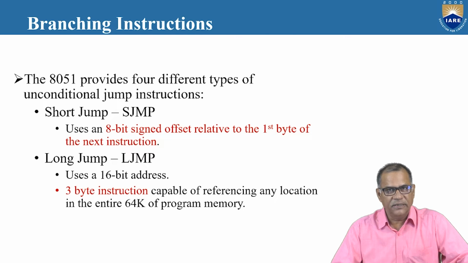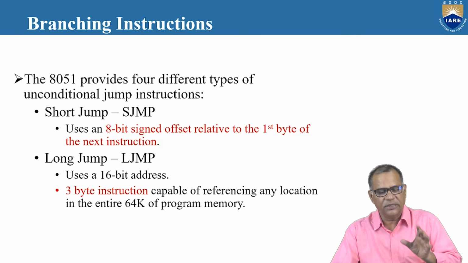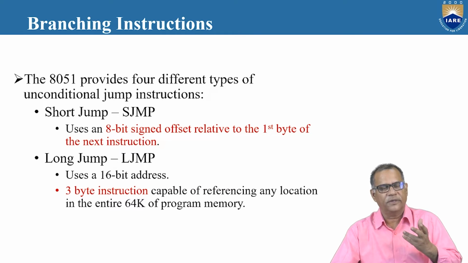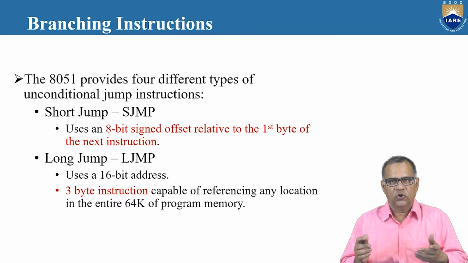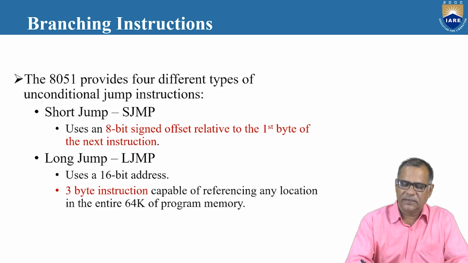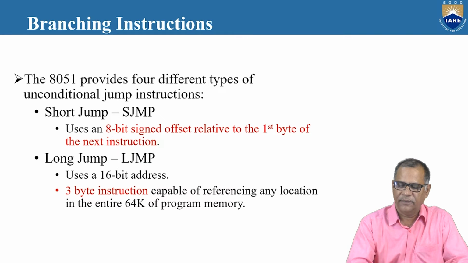And coming to the branching instructions, the 8051 provides 3 different types of unconditional jump instructions: short jump and long jump. For short jump, we use an 8-bit signed offset. So when you use an 8-bit signed offset, what is the range of jump you get?